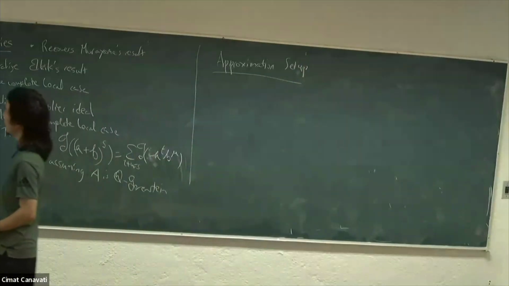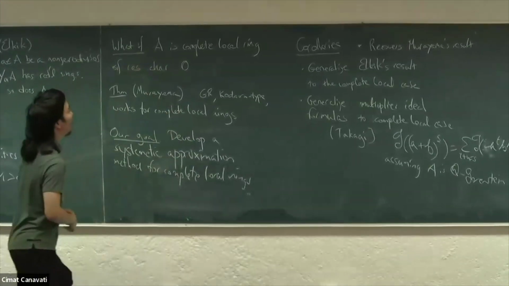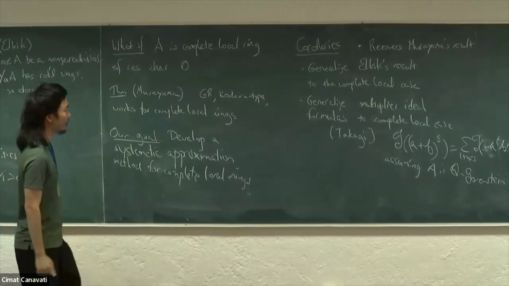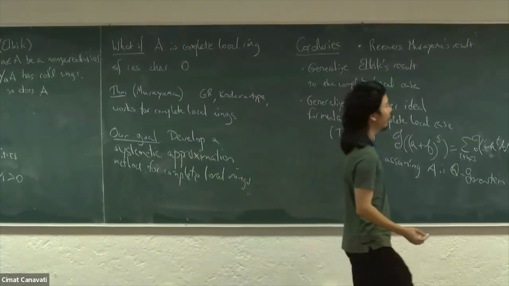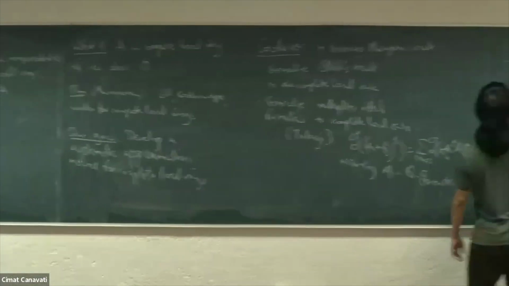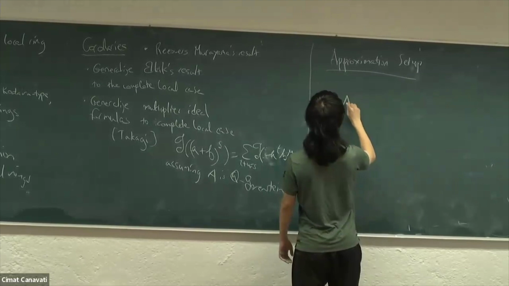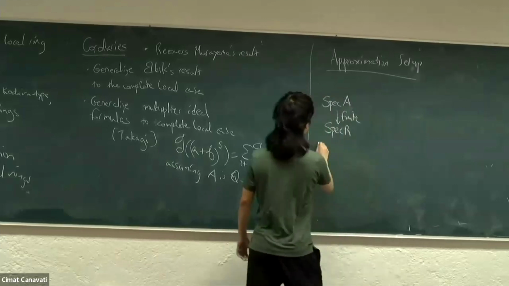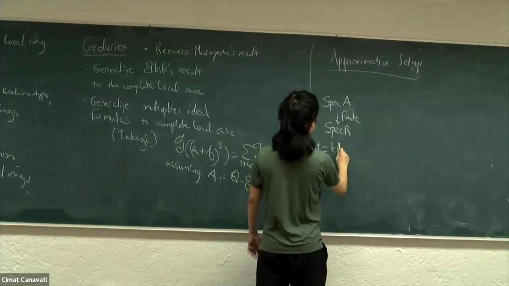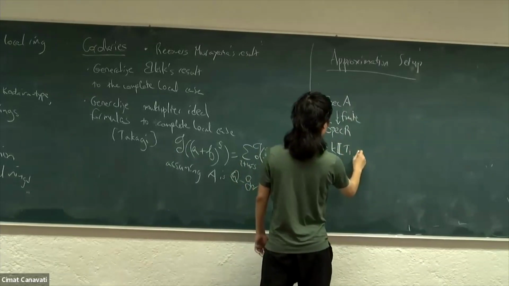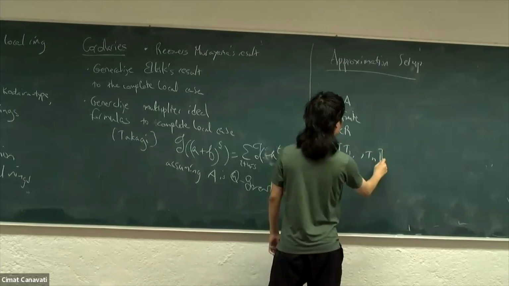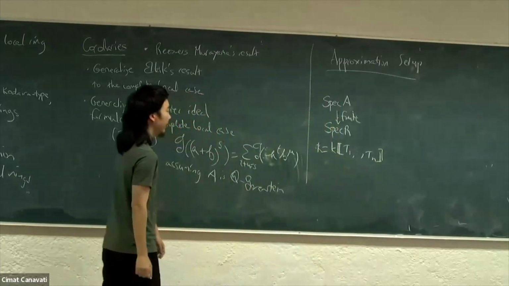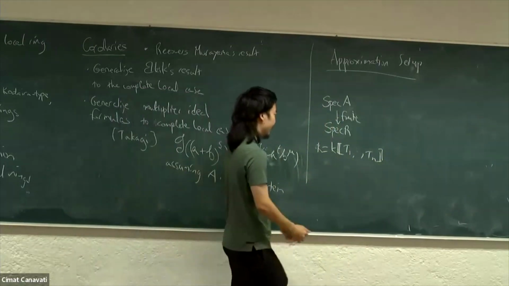So given a complete local ring, I can always apply Cohen's structure theorem. So A will be finite over our series ring R, where R is the ring of this form, the power series ring where K is a field of characteristic 0.